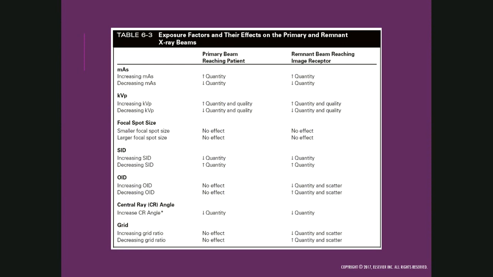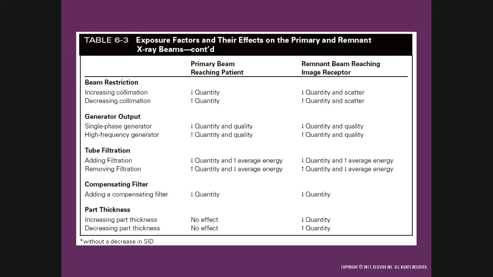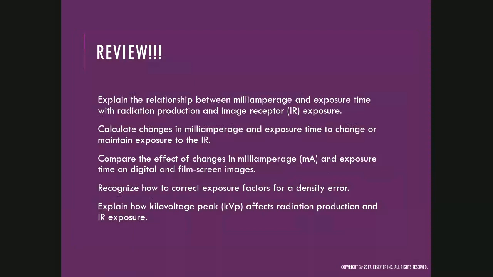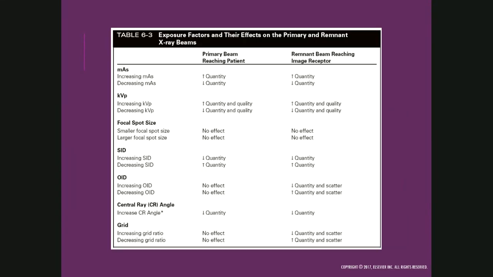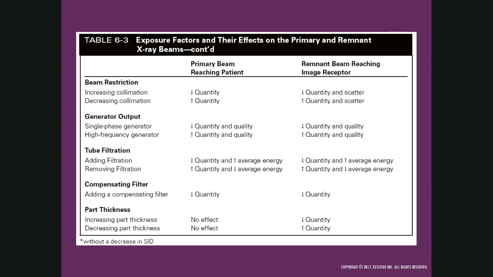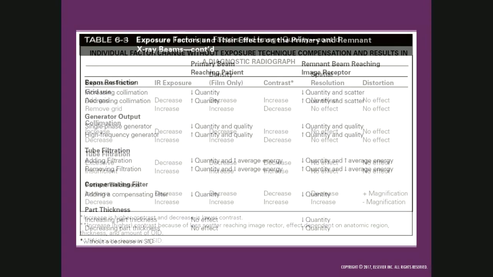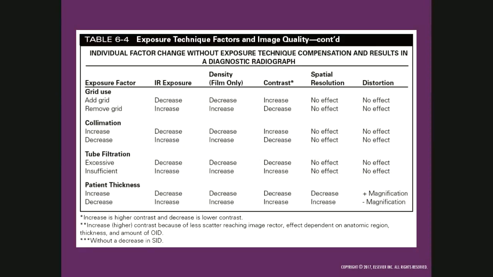Let me look at these next couple slides. Remnant beam, primary beam. I don't think those are the slides I wanted. The whole table 6.3. Okay, I think I put the wrong table in here.